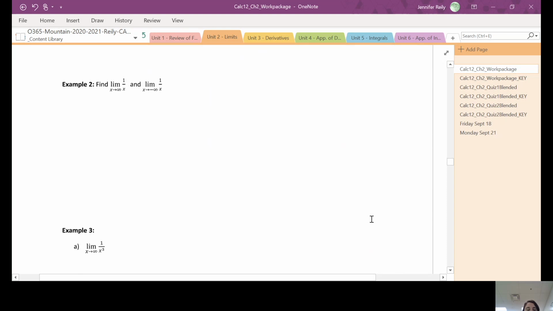Let's do another example. Let's look at 1 over x as x approaches infinity and negative infinity. Okay, I'm going to just split the page in half and do one on either side. So we're going to make a table, and we'll go positive infinity first, so we'll plug in 10, 100, 1,000, that should be enough.